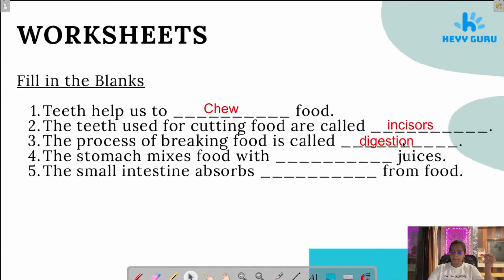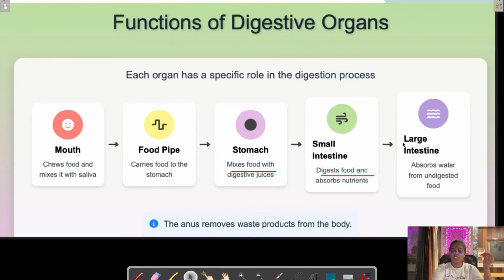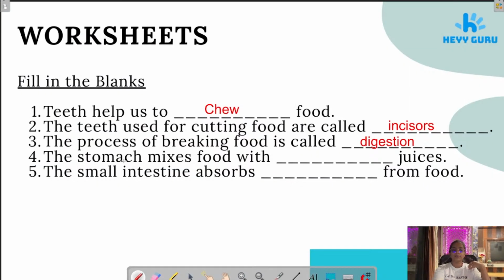Can you please answer if you know? Okay, don't know. The stomach mixes the food with digestive juice. I already told you here. What does the stomach do? The stomach mixes the food with the digestive juice. So your answer will be digestive. Okay, understood? Yes or no?